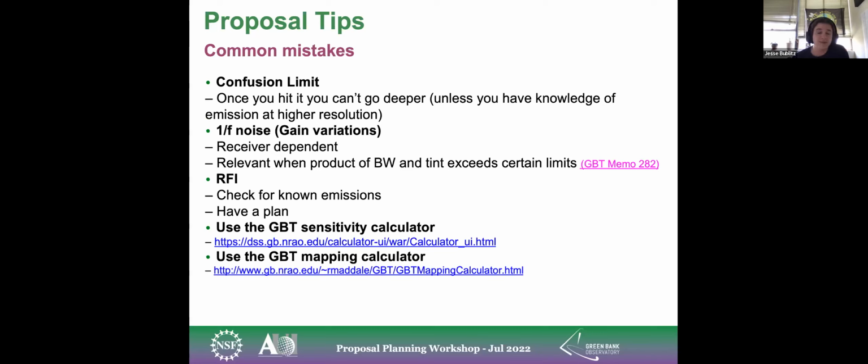Once you get enough integration on the source that you want, any background light from stars is going to be equal to the noise that you're getting from empty sky. So once you hit this point, you're not likely to be getting any higher resolution data out of it. And the 1/f noise, this is an electronic component that is dependent on the bandwidth, the frequency that you're looking at, 1/f.